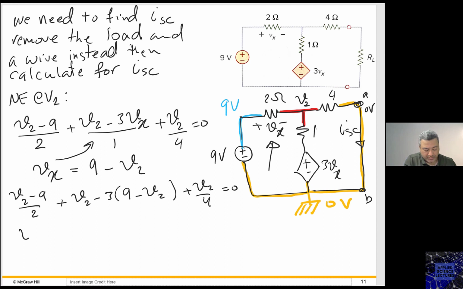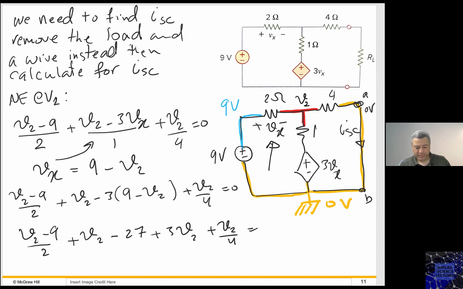Then V2 minus 9 over 2 plus V2 minus 27 plus 3V2 plus V2 over 4 equals 0, right? Then what do we have here? If you multiply by 4, what do we get?